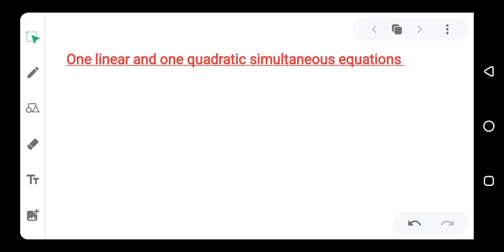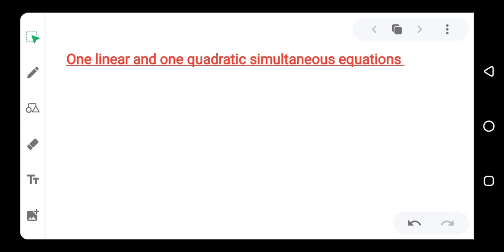In our last lesson on simultaneous equations, we talked about linear equations where we have two unknowns and we use simultaneous equations to solve them, that is, solving for the two unknowns at the same time. A linear equation is one in which the highest power is 1.